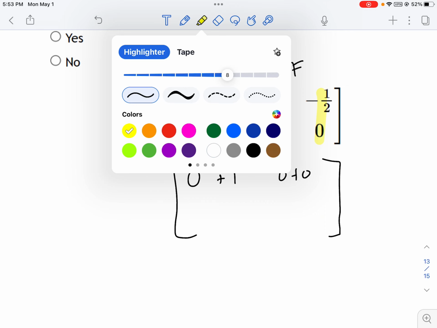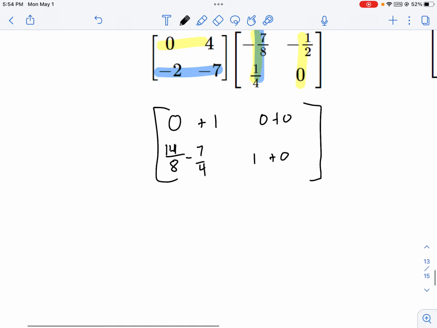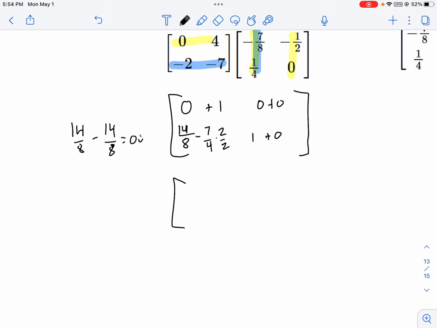Then second row, first column, we end up with negative 2 times negative 7/8, that'll be 14 eighths minus 7 fourths, plus 1 plus 0 for the next one. I'm going to get a common denominator really quick. So we have 14 eighths minus 14 eighths, which is 0. Okay, so when we combine all that together, 1, 0, 0, 1.